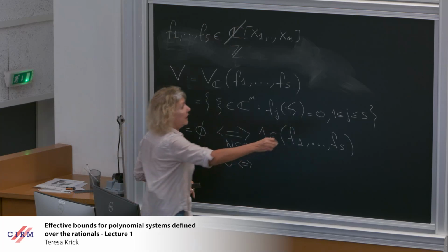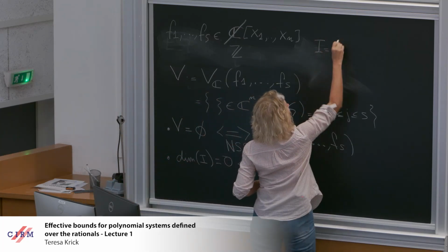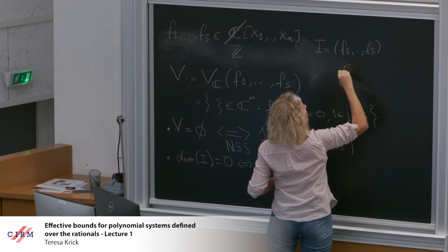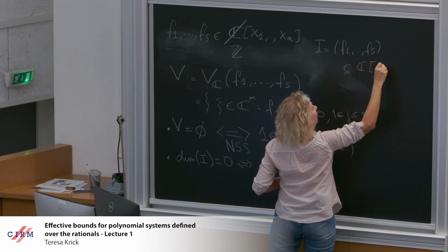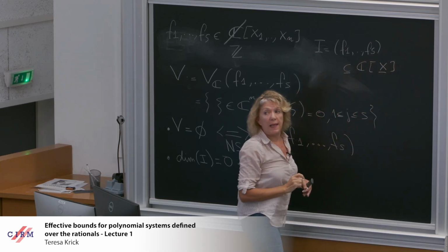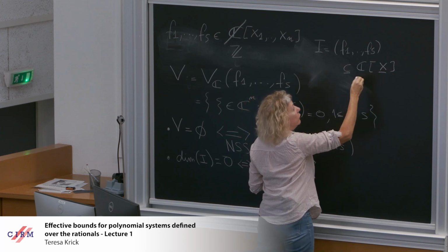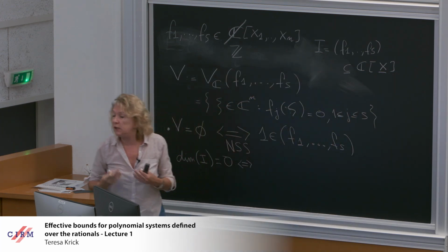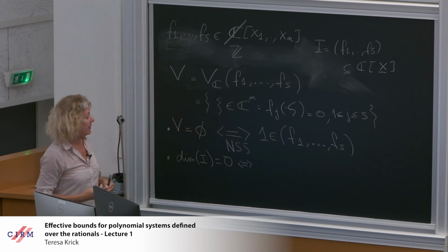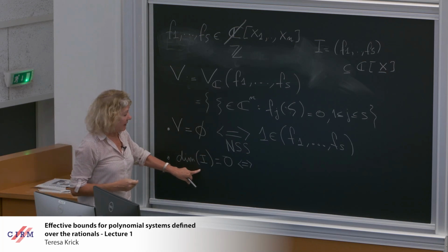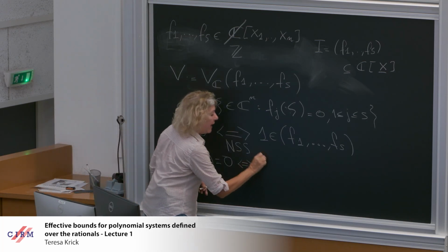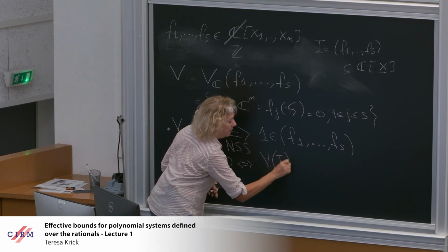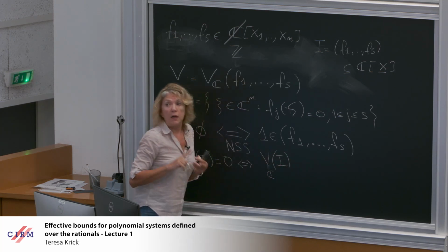So I is the ideal generated by F1 through Fs, which is included in C[x1, ..., xn], or Q[x1, ..., xn] if one takes polynomials with integer coefficients, so in the right setting. So this is, by definition, that the variety defined by the polynomials in I is not empty.